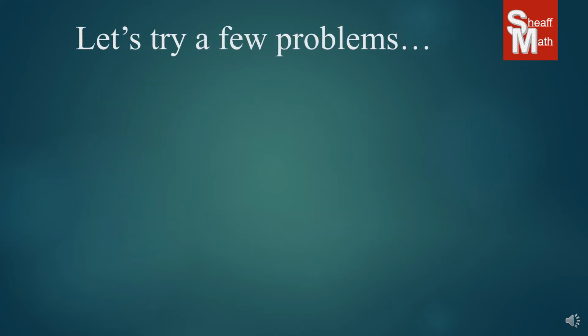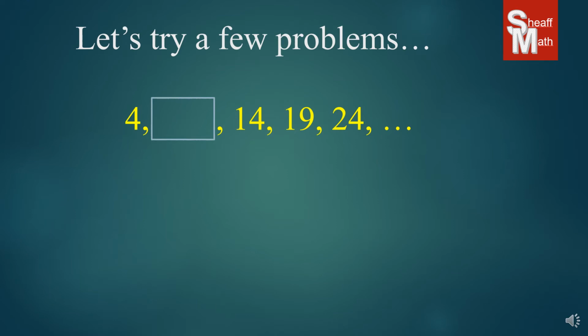Now let's try a few problems that you might see. So here's a typical type of problem. You have a sequence and there's a number missing, and you have to fill it in. And so you are going to need to find out what this sequence is going up by or going down by. And so, like I said before, let's find the common difference. So we'll pick any two numbers, and we're going to subtract the number by the one before it.